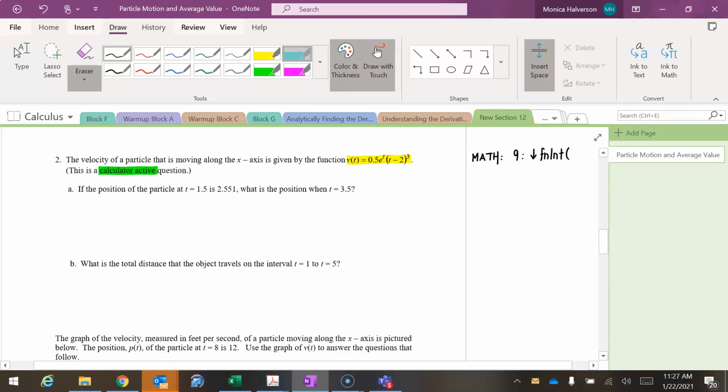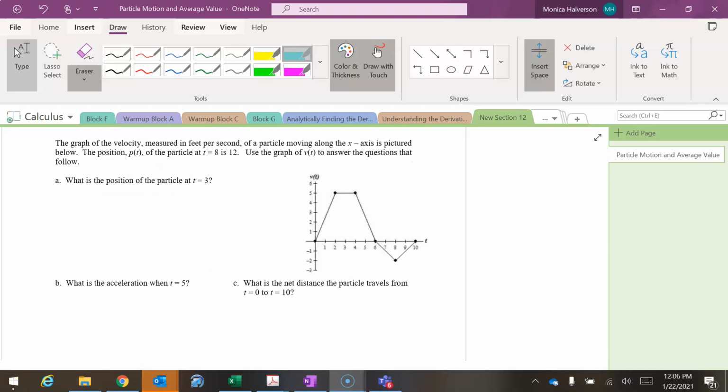And then you just need to fill in the upper and the lower limits, the function, and next to the d, make sure you put x because that's what you're using in your equation. Or if you choose to put the function using t instead of x, then put dt. It just needs to be the same variable. So go ahead and do problems 2A and 2B on your own right now using your calculator.